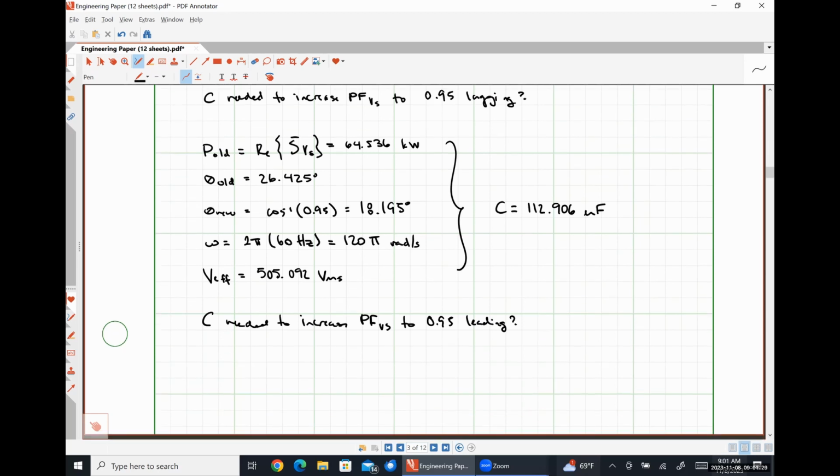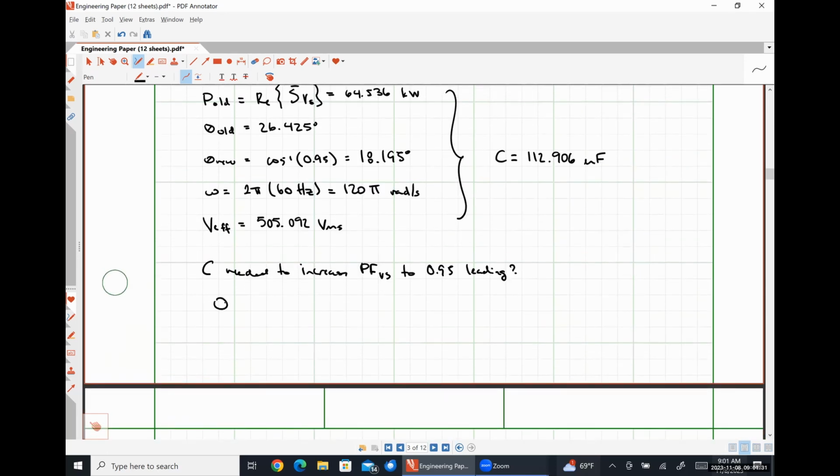Theta nu. Everything else is exactly the same. So negative inverse cosine of 0.95 should literally just change the sign of the angle. Yep. So negative 18.195 degrees.